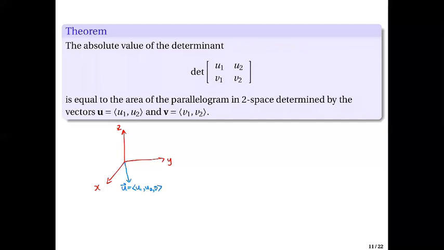And then if this is your vector v here, you can have this to be the vector with components v1, v2, 0.